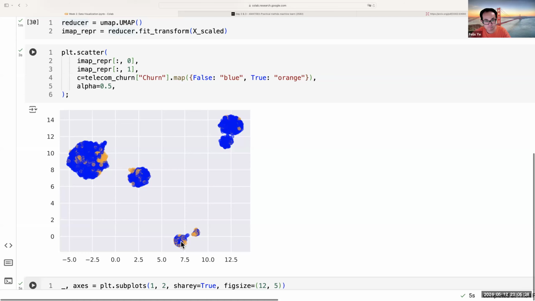Although the voicemail blobs don't directly give you a good indication, there is something we know: if a customer happens to be in this blob, they also have a subscription to international plans, which means they are more likely to churn. But for this blob, they don't have international plans but they have voicemail plans, and those groups are quite loyal.